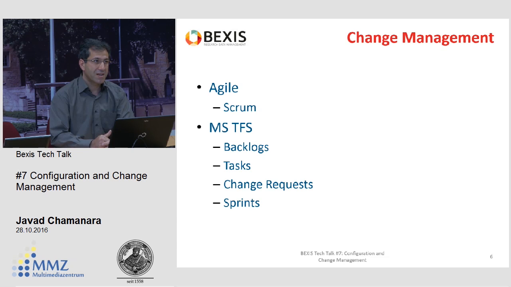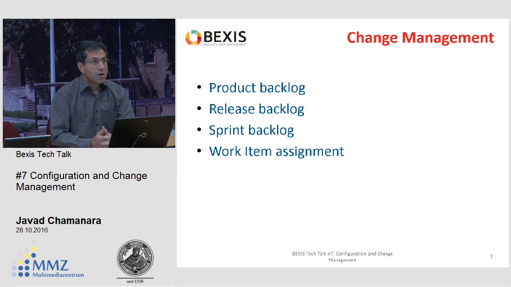And then from the backlogs, we have the sprints, like monthly or 4-week sprints, to see some progress during that sprint. In general, we have a product backlog for the whole product, and from that product backlog, we choose some items to create the release backlog.